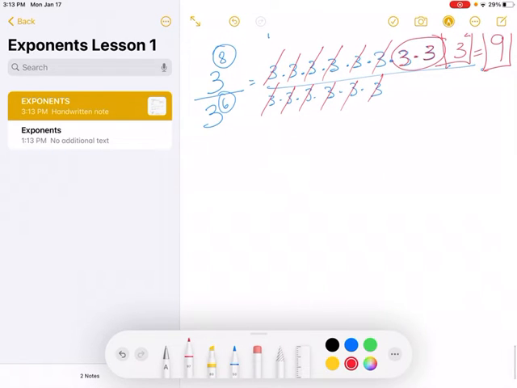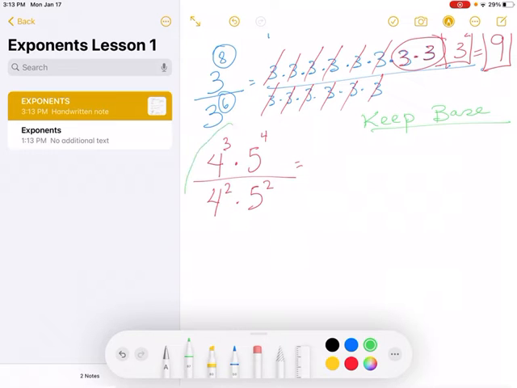Now, what would you do if you have different numbers? For example, 4 to the third times 5 to the fourth over 4 to the second times 5 to the second. Same thing as multiplication. When you multiply, you keep the base and you add the exponents. When you divide, keep the base. Make sure you write this in your notes.